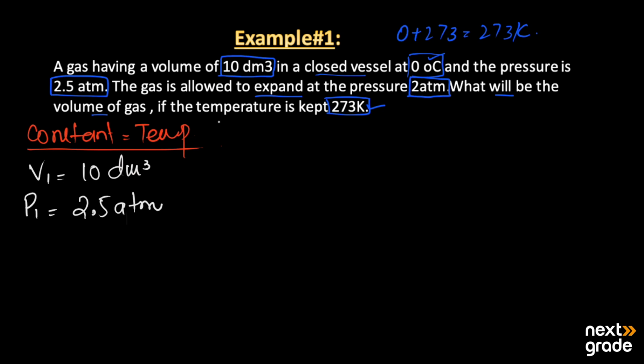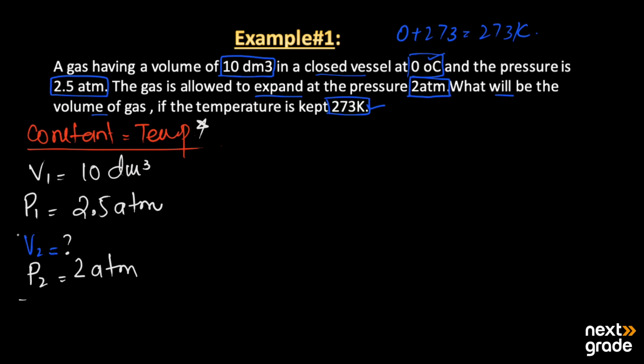Then we have to find the volume V2, which is the final volume of the gas. The pressure has been reduced, so P2 is equal to 2 atm, and the temperature is constant.